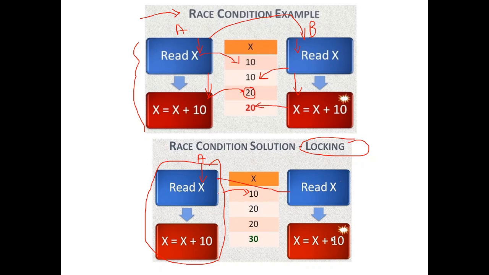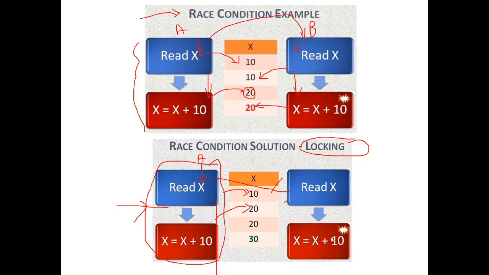So when one process is accessing the variable, and another process tries to access the same variable, it cannot, because it is locked. Process A increments the value of x and it becomes 20. After process A has executed this part, process B is given the chance to execute the same code to access the same variable.